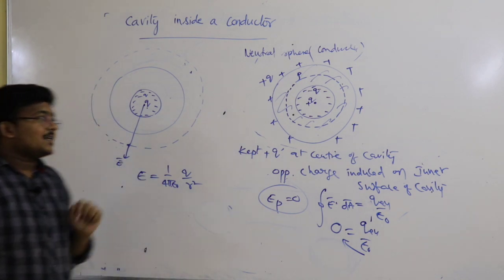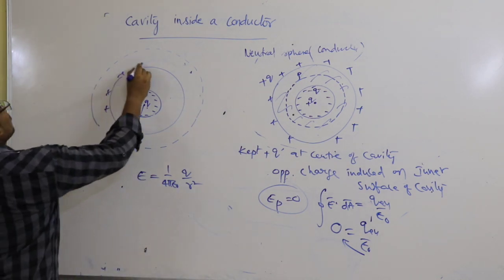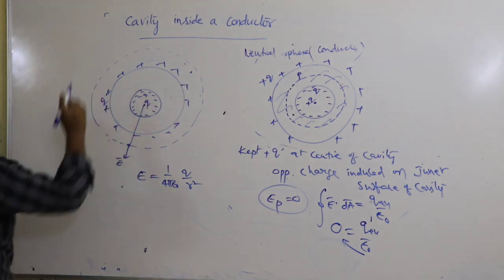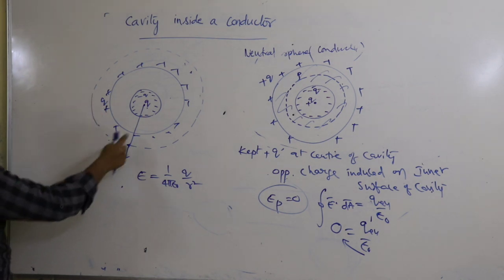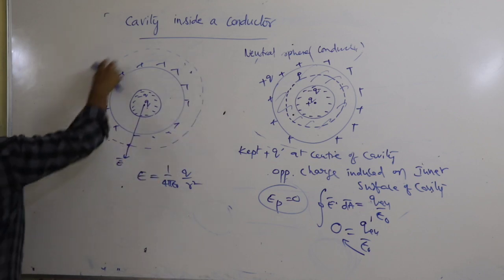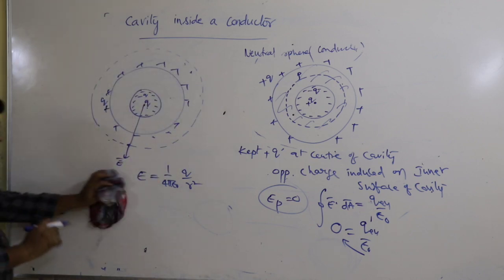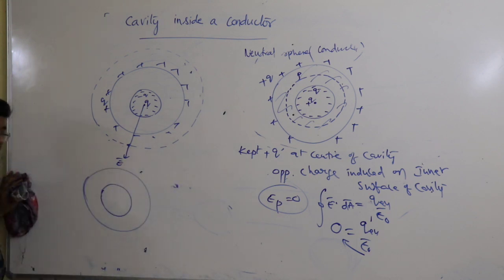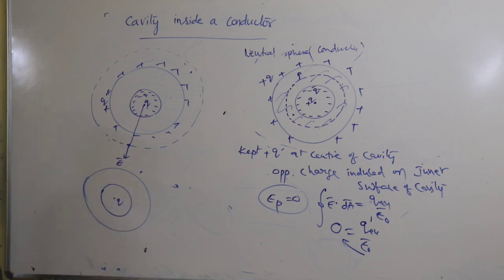That is why, to give a net charge q, plus q is present there, means this q cancels, no problem. Still in the Gaussian surface, what is the charge? Q. So I will tell you like this. Initially when a neutral conductor is taken, only one charge is there, right?